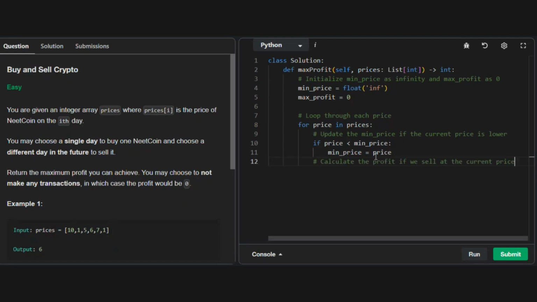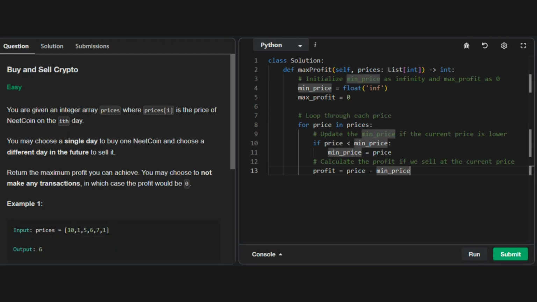So write down the profit is price minus minimum price. Then the next and last thing on our pseudocode is to update the max profit if the calculated profit is greater than the current max profit.